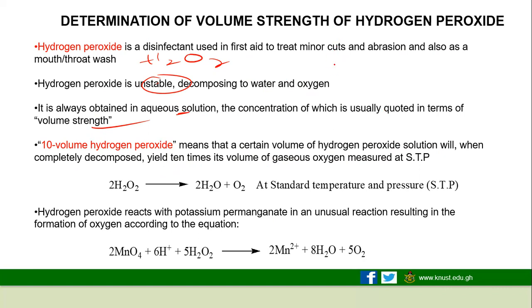Assuming the volume strength of the peroxide is 5 volume strength, if you take 2 mL of the peroxide, it will give 2 times 5 of oxygen at STP, the standard temperature and pressure.